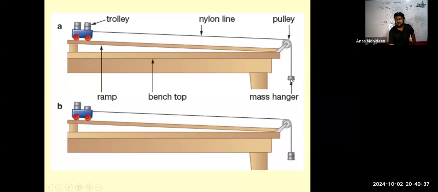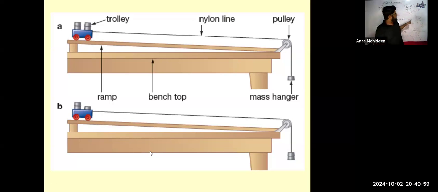Earlier only one block was there as the weight. Now there are two blocks, but it is taken from the initial part. So the total mass is kept constant in the whole setup. There is no change in the total mass because only the position has been changed, within the same system.